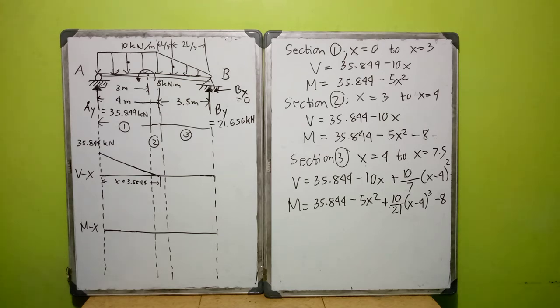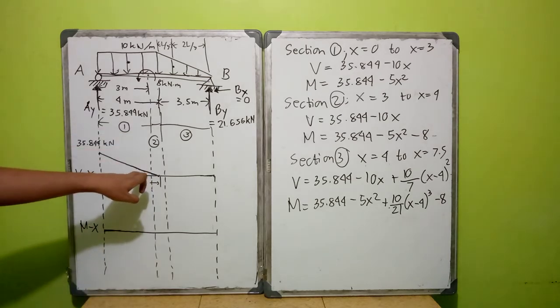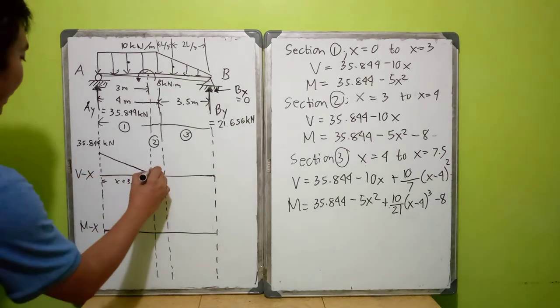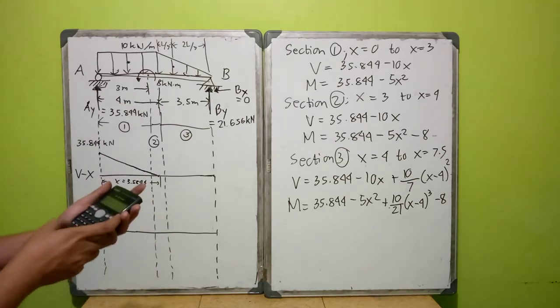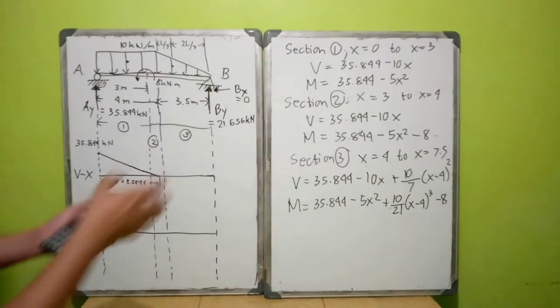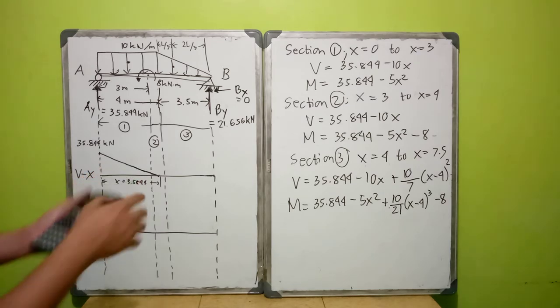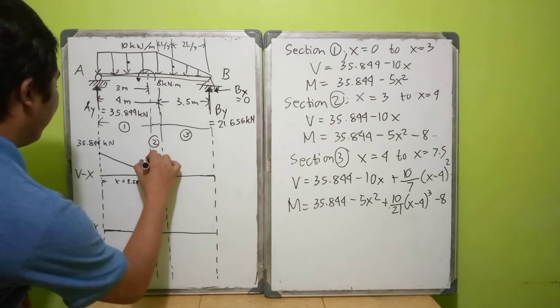Now at x equal to 3, it will be 35.844 minus 10 times 3, so this point will be 5.844.